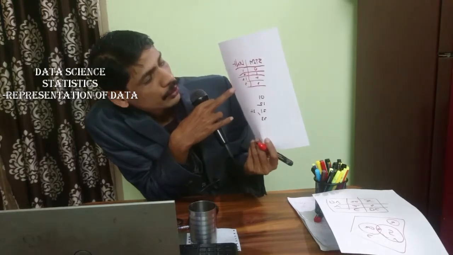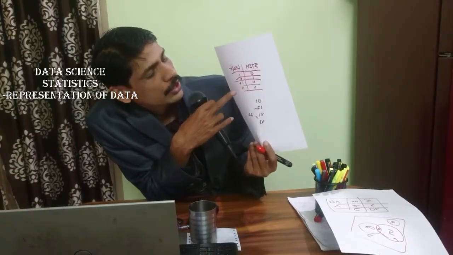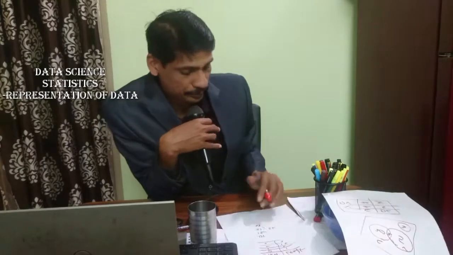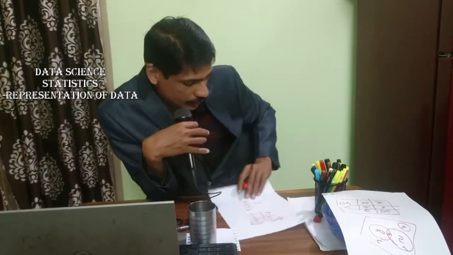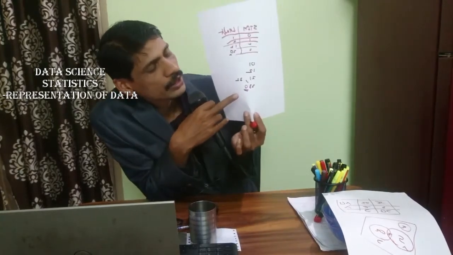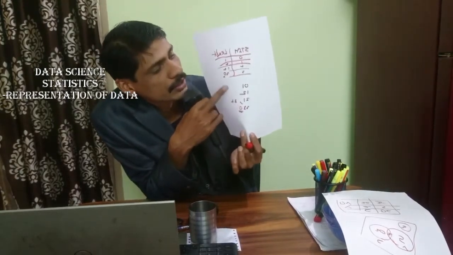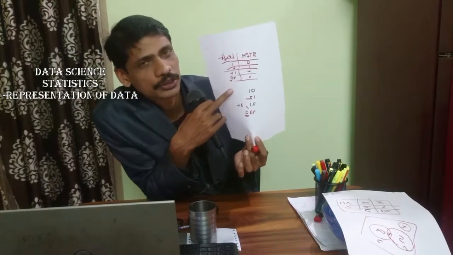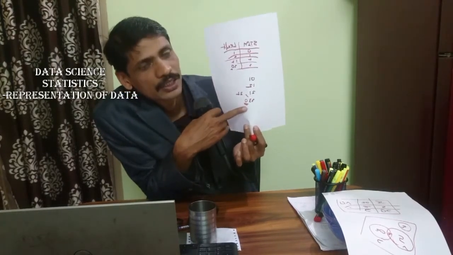For example, if instead of 3 I have 30 here, our score will be 330 instead of 33. That means that is the 100th position in a number.